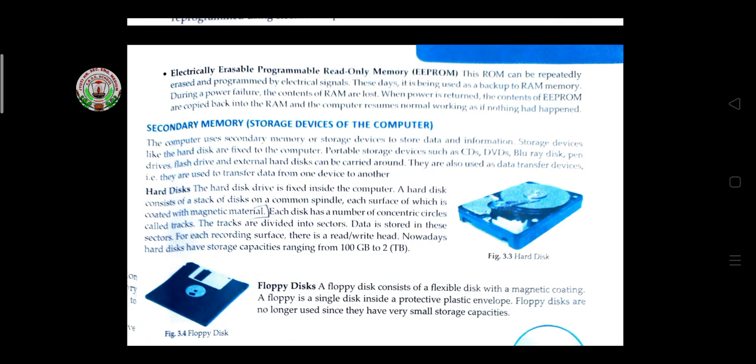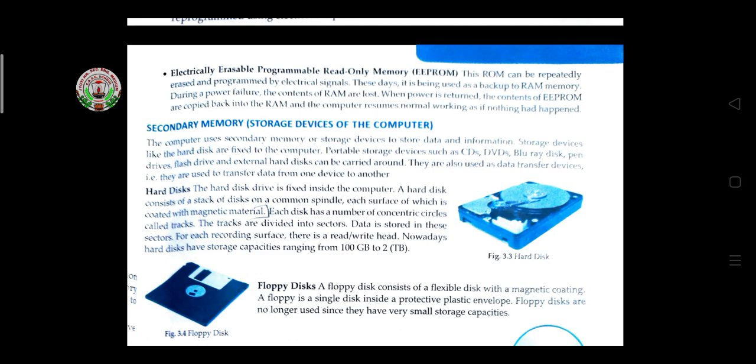Nowadays hard disks have storage capacity ranging from 10 GB to 2 terabytes. So the hard disk is fixed inside the computer, and the hard disk is used to store the data. And see here, the hard disk picture is there. The surface of the hard disk is coated with magnetic materials, with round circles, and each circle is called a track.